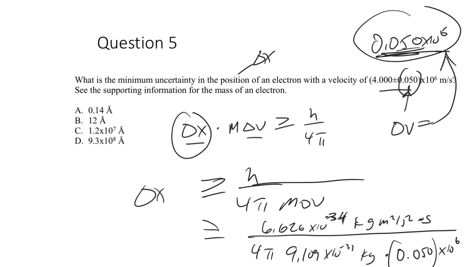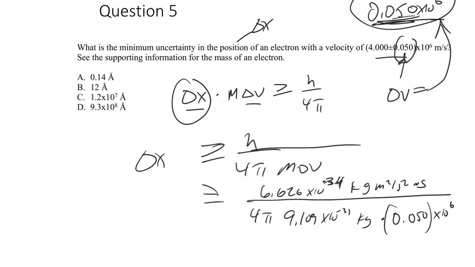So I get the number in meters, and I multiply by 10 to the 10 angstrom per meter, and that gives me 12 angstrom. I get around 2 sig figs here, so I get 12 angstrom out.